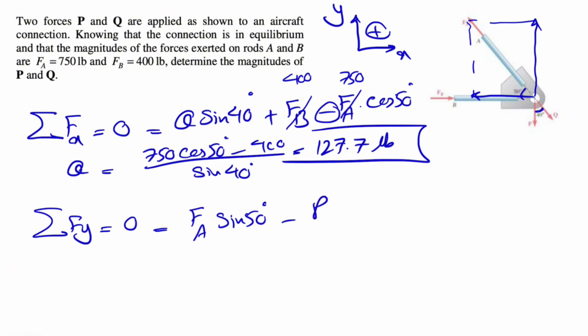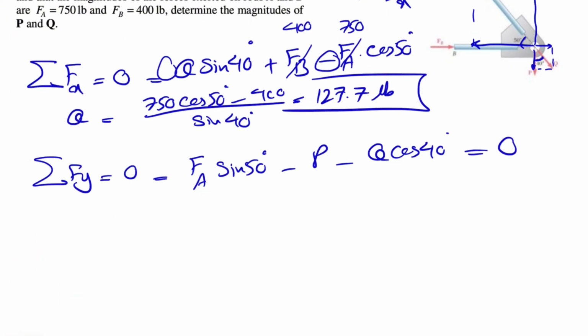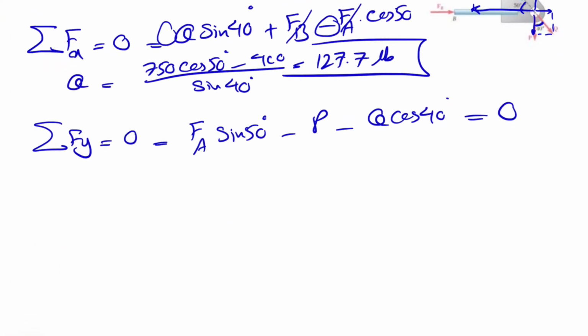We have minus P, which is downward, and also the components of Q. X was positive and Y is negative, and this will be cosine of 40 degrees. That's pretty much everything. So we should be able to find the force P, which would be basically FA sine of 50 degrees minus Q cosine of 40 degrees.